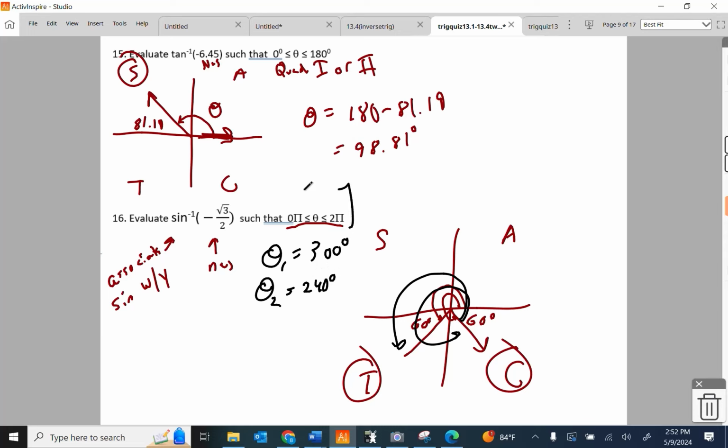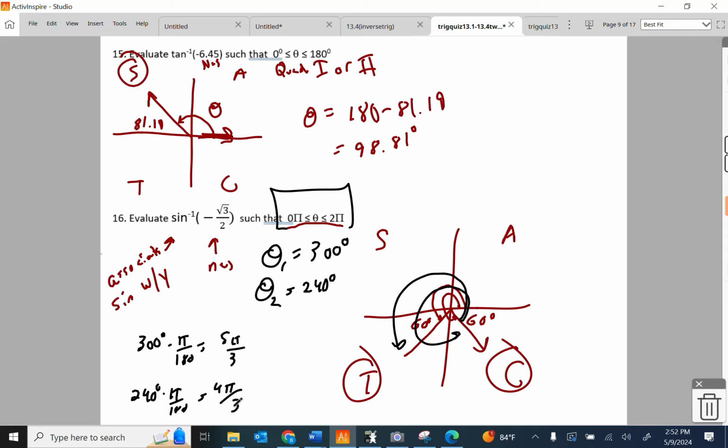Now, I want these in pi rads. So 300 degrees times pi over 180, or maybe do some memorization here. 300 degrees ought to be 5 pi over 3. 240 times pi over 180, that ought to be 4 pi over 3. That's what it should be. I notice they differ by 60 degrees too, kind of interesting.